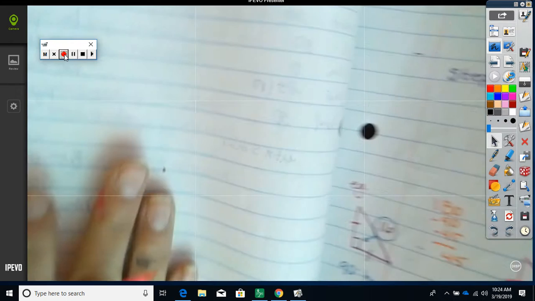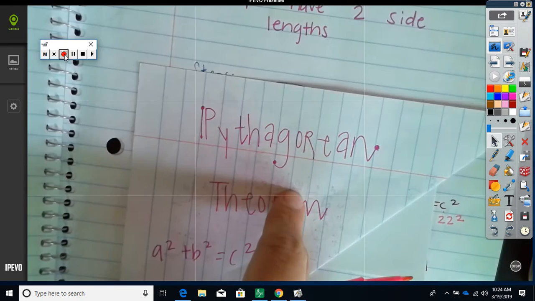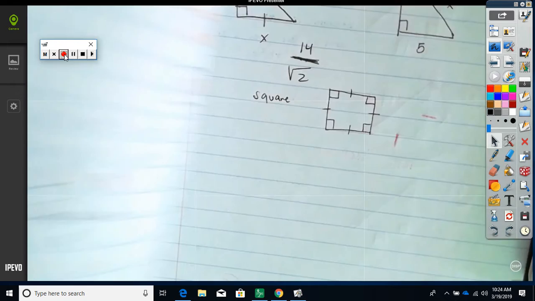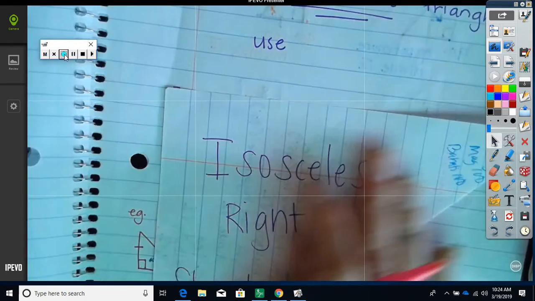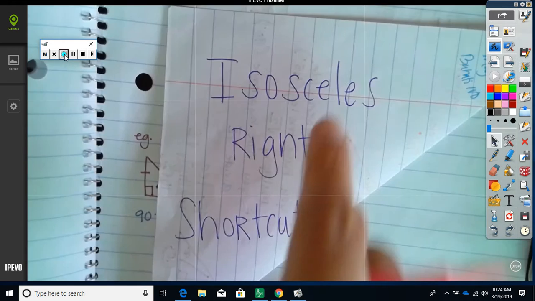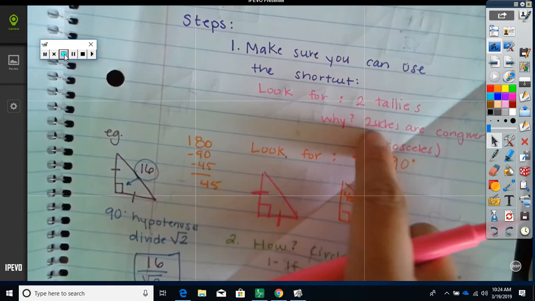What's the method? The first method is Pythagorean theorem if you have two side lengths, which we don't. So can we use the shortcut? There's only two things we've done in here. Isosceles right. Do you have two tallies?